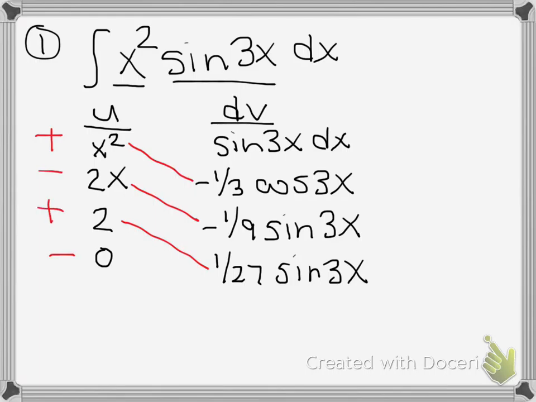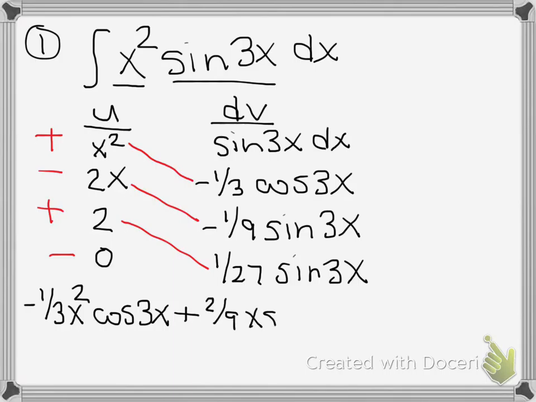So I have x squared, which actually I should probably put the negative 1/3 in front. Here we go. Negative 1/3 x squared cosine 3x. Then I have a minus 2x and a minus 1/9. So that's going to become actually a positive. I'll make that 2/9 x sine 3x.